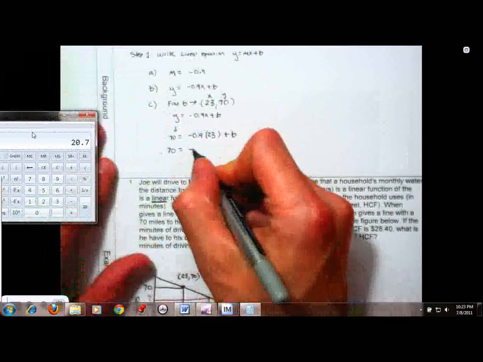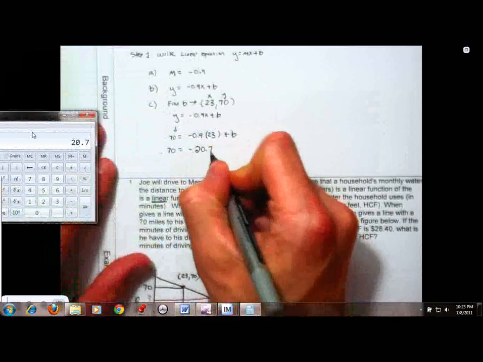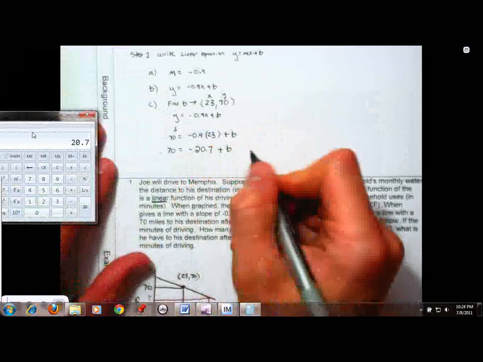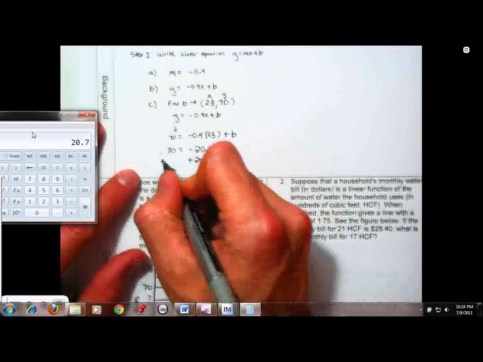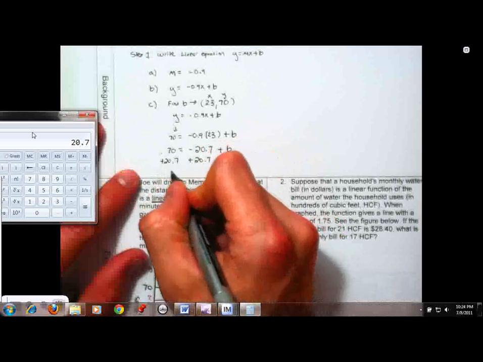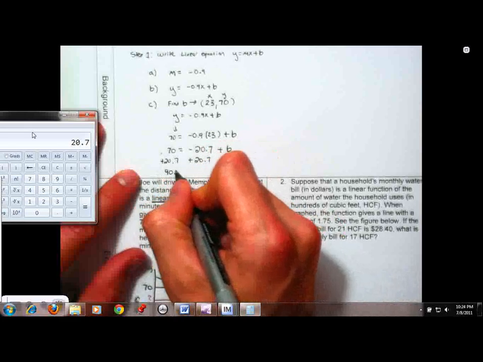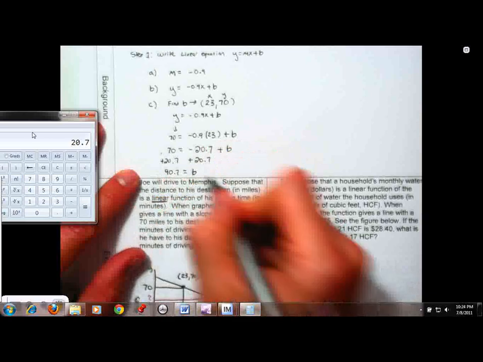So we've got 70 equals -20.7 plus b. If I add 20.7 to both sides, that gives me 90.7 equals b.